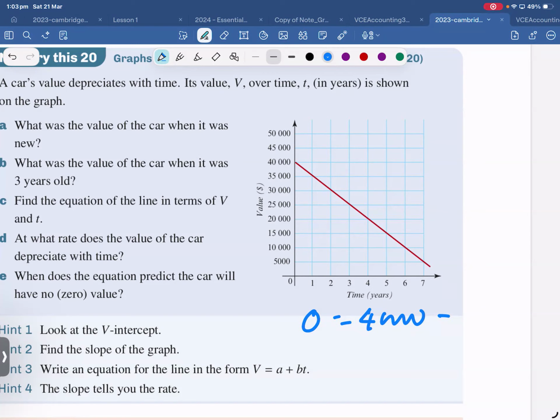Zero missing. I got it. Yeah, 6 and 10,000. Yeah, I'll do that.